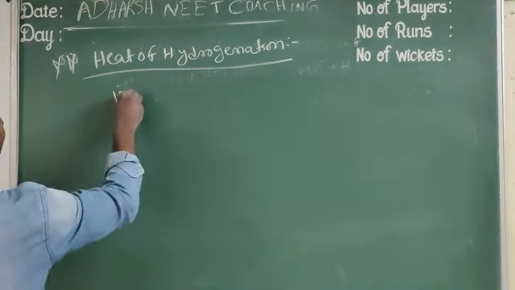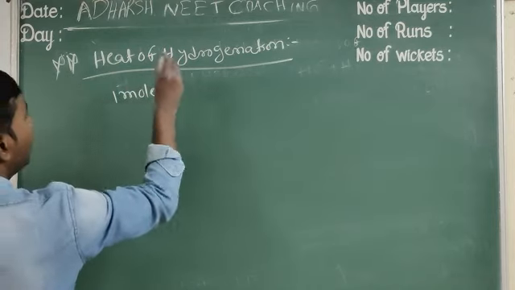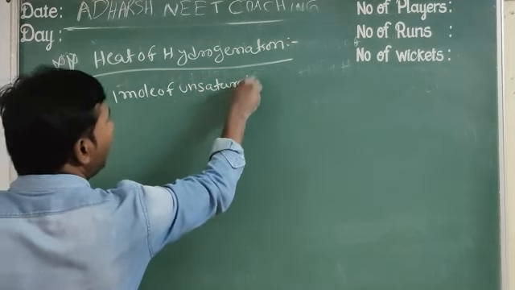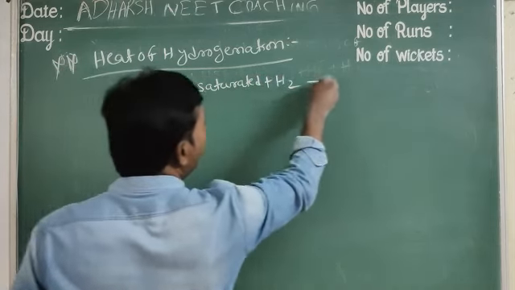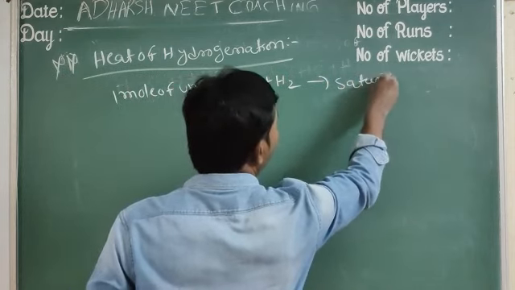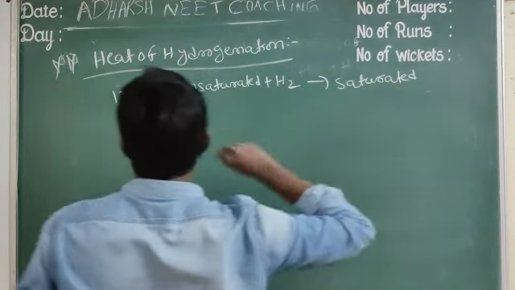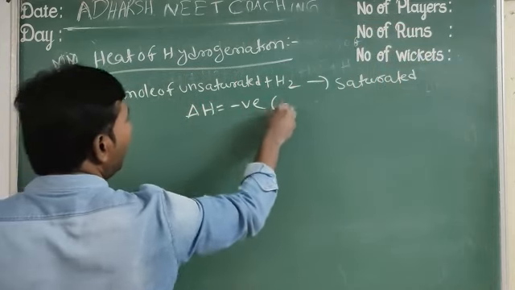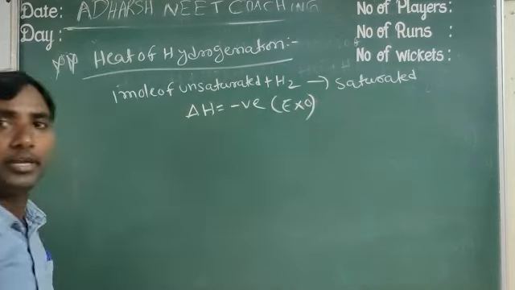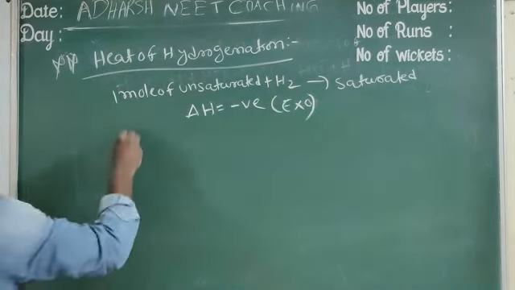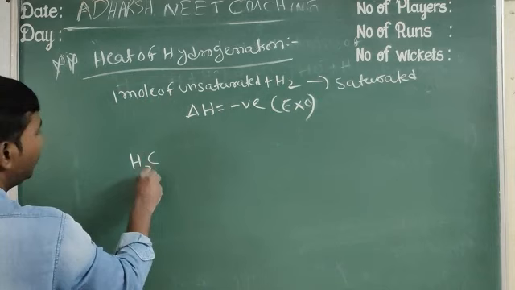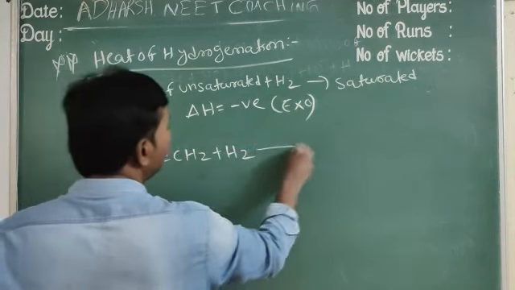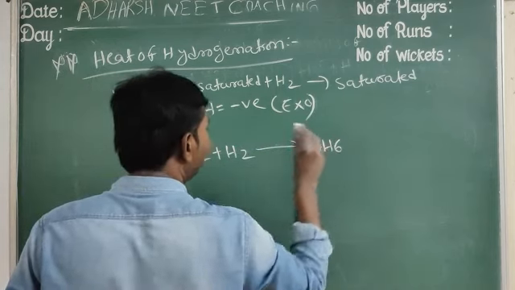So here, 1 mole of unsaturated compound is hydrogenated to saturated compound. This is exothermic, heat evolved, heat energy released. For example, CH2 double bond CH2 plus H2 gives C2H6.